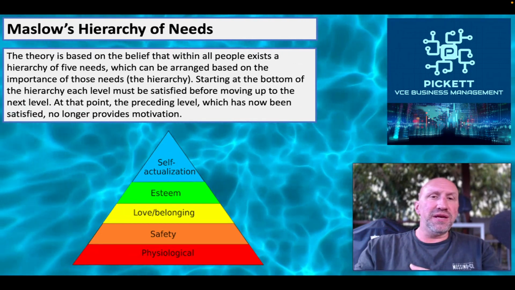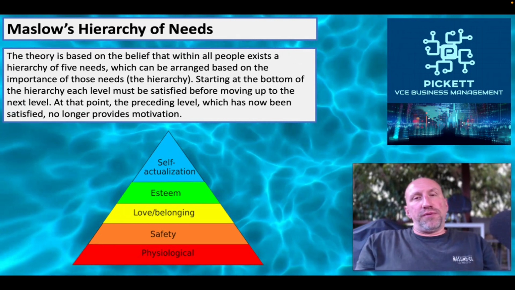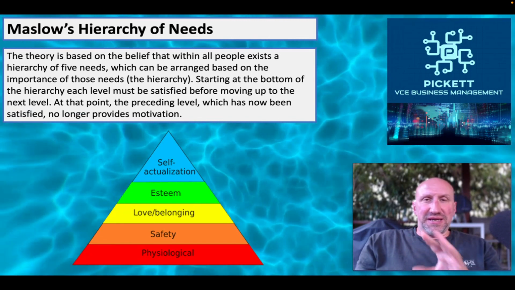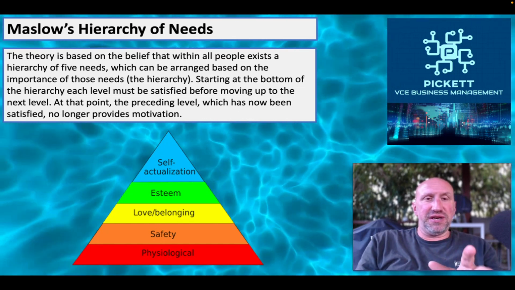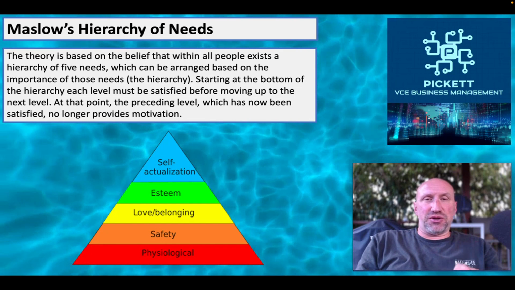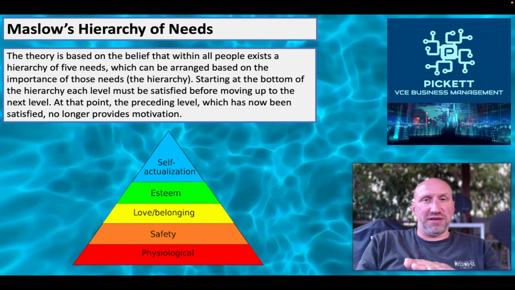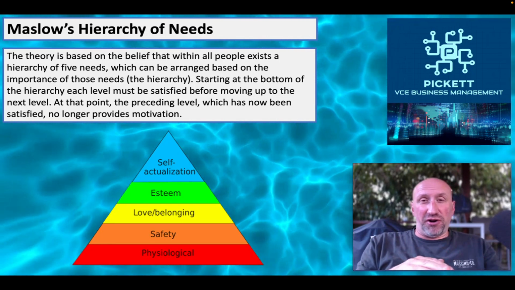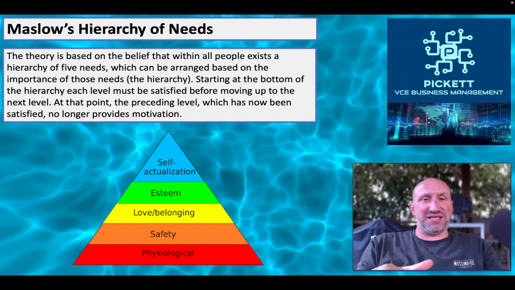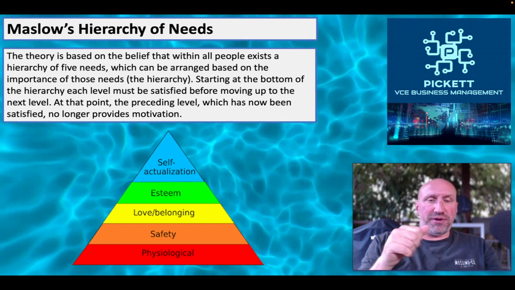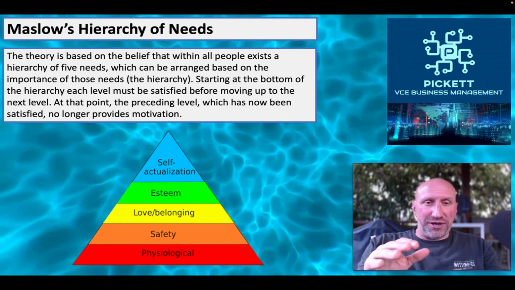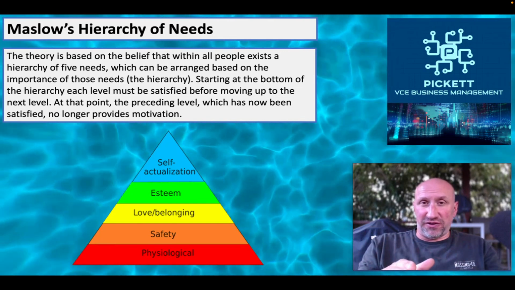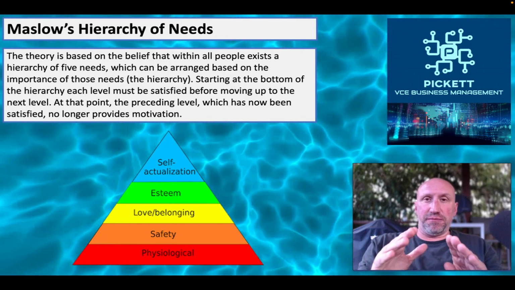Now, basically what Maslow said is that within all humans exists a hierarchy of 5 needs, and those needs can be arranged based on the importance of those needs, hence the term hierarchy. Starting at the bottom of the hierarchy, each level must be satisfied before moving up to the next level. At that point, the preceding level, the level from which you've just come, which has now been satisfied, no longer provides motivation.